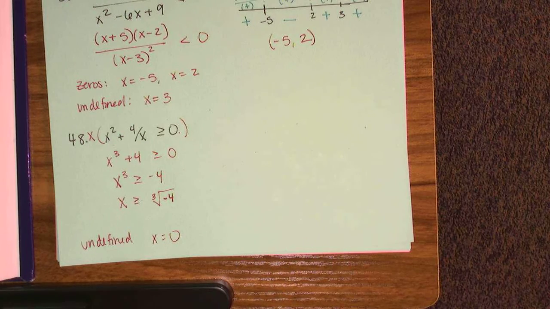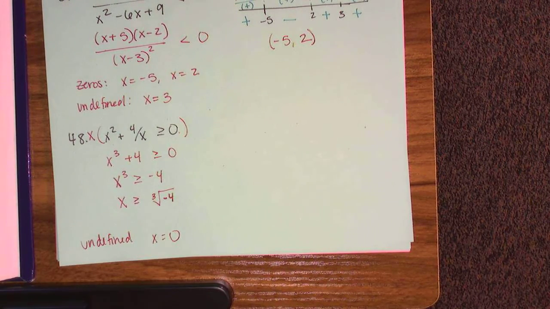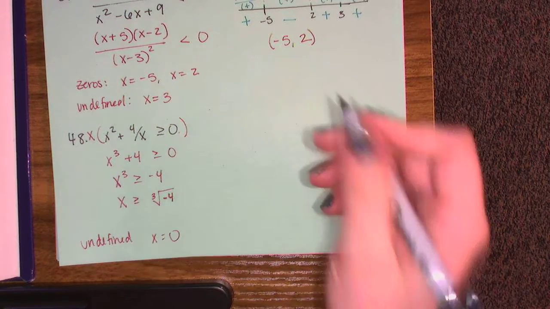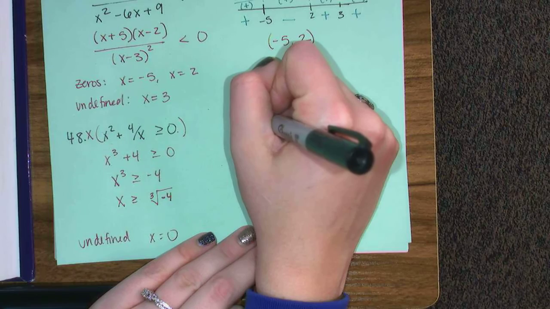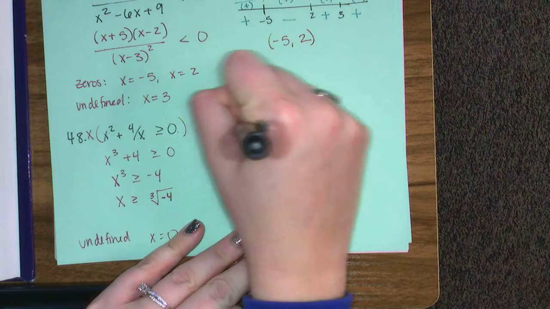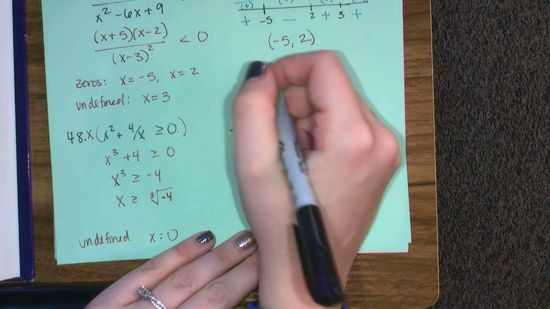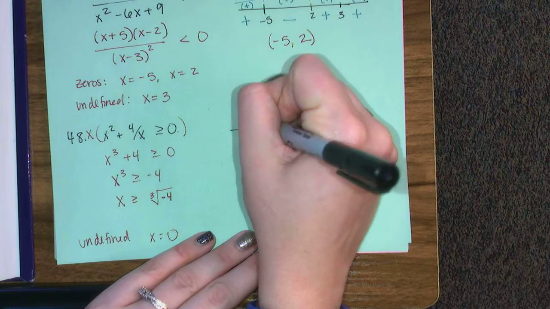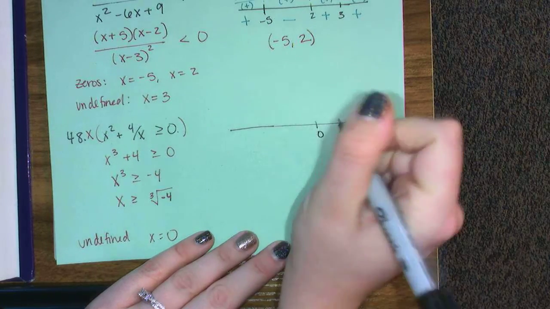So, alright, then I need to draw up my chart. So I'm checking at the cube root of -4 and 0. I don't even know what the cube root of -4 is. Might have to pull up, because I'm not even sure where it goes. I mean, I guess it goes over here.